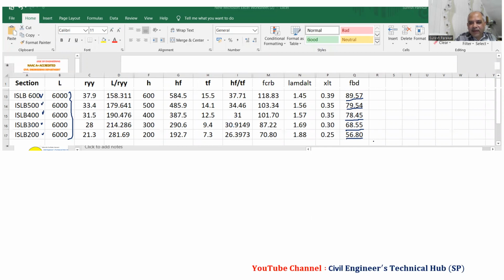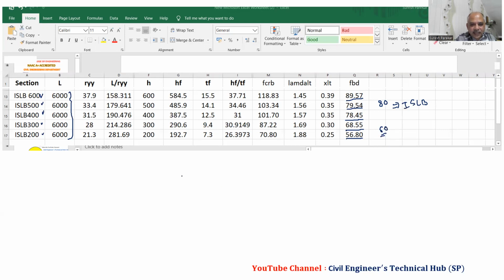So we have values very close. Accordingly you can keep these tentative values in mind. Down to ISLB 400 we can go for 80, and below this we can go for 60 likewise.